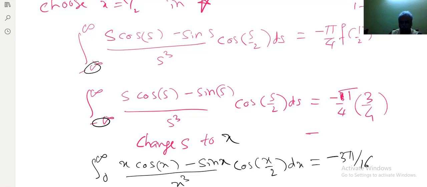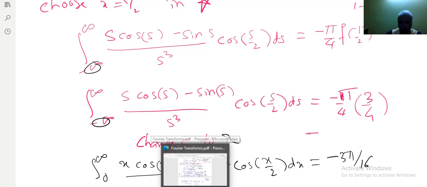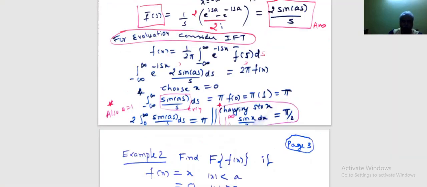So we saw that using such a Fourier transform, we can find the value of such complicated integrations. Let me do the next example, example number 4, using this presentation.